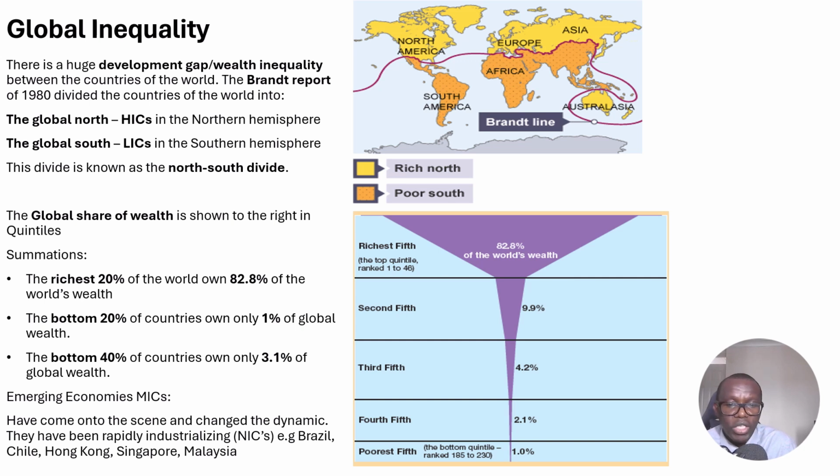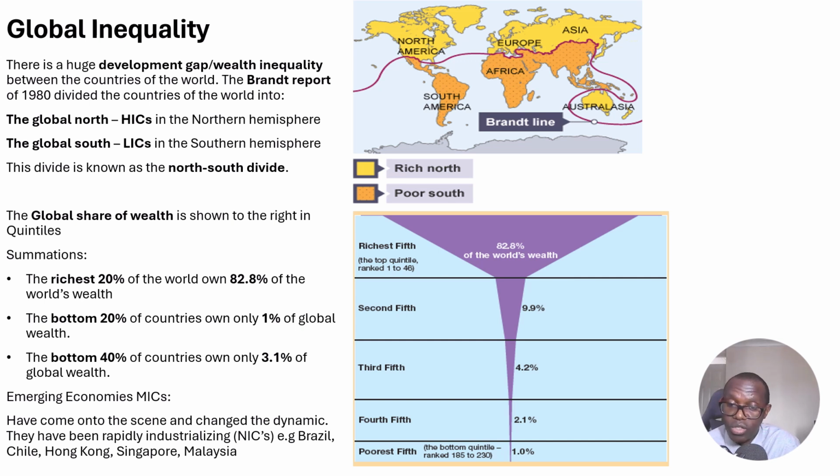Now, when it comes to the global share of wealth, that share of wealth obviously is not equal, and there's global inequality in the distribution of wealth and the share of wealth across the world, and that is shown to the right here in the quintiles. So we have the richest 20% of countries in the world at the top here, and those countries own 82.8% of the world's wealth.